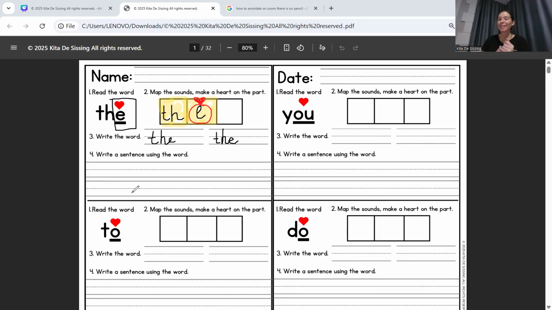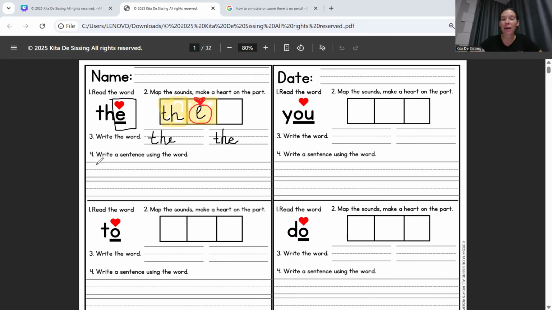Now I'm going to write a sentence using the word the. So every sentence needs a who. My who is going to be the man, and my do is going to be runs fast. The man runs fast. All right.